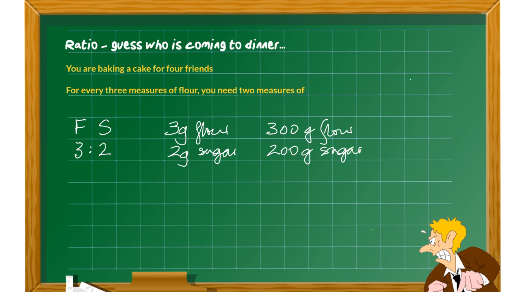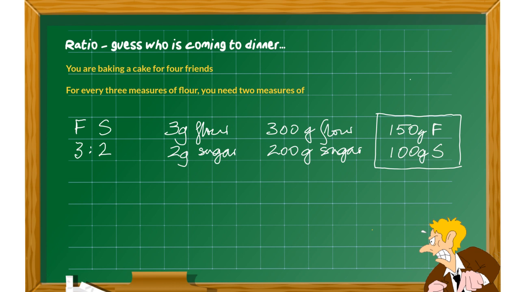It could also be, remember, as long as we divide by the same number, it doesn't matter. So we could have 150 grams of flour and 100 grams of sugar. As long as the ratio stays the same, it is always 3 to 2. You can say with the flour that it is 3 lots of 50 and 2 lots of 50 grams. Okay? You can think of it how you want.